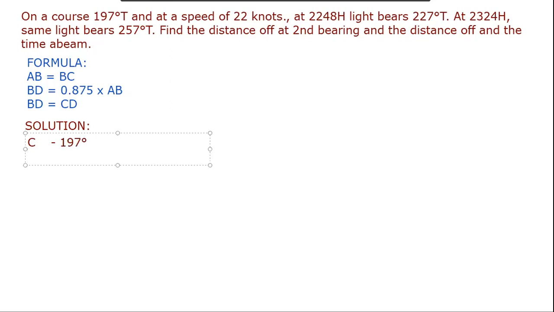So, ang first bearing natin is anong value? First bearing, sabi niya, at 2248, light bears 227 degrees. So wala tayong ibang gagawin dyan, kundi i-subtract lamang. So, subtract natin. Tapos, malalaman natin ang value ng ating angle A.